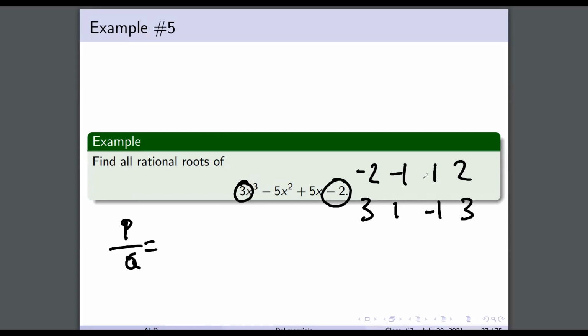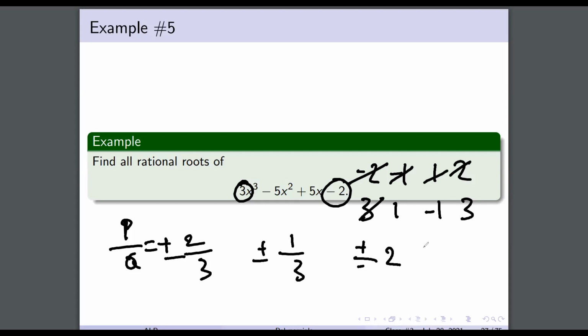And I honestly don't want to try all of these. Basically, it would be plus or minus 2 over 3. Then these ones, plus or minus 1 over 3. And then we do the same, plus or minus 2, plus or minus 1.